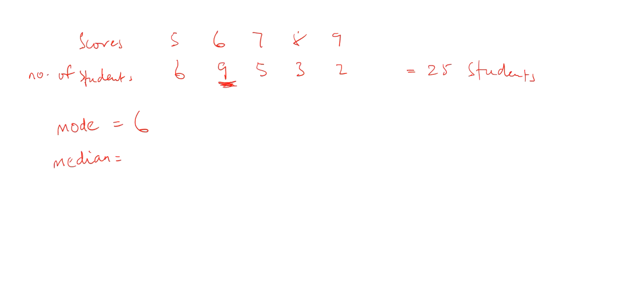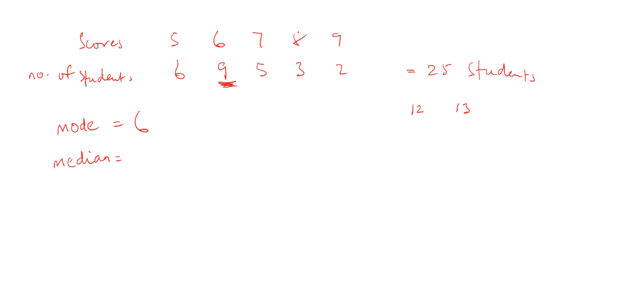When you have a table like this, the information is already arranged in ascending order. So if we have 25 students, the median will lie somewhere around the 12th and the 13th student.